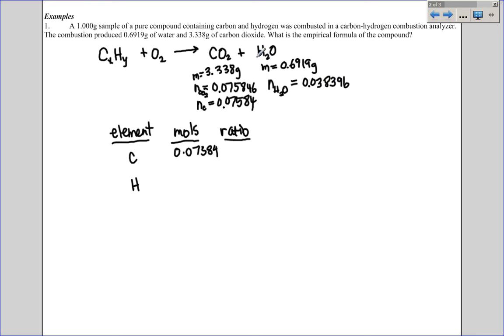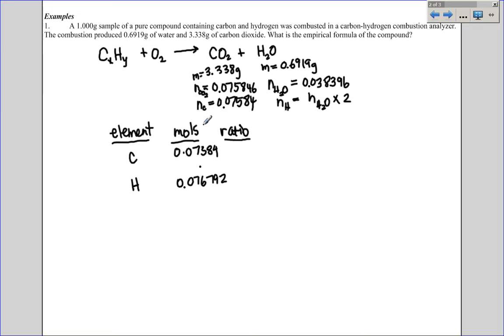For every 1 mole of water, there are actually 2 moles of hydrogen. So my number of moles of hydrogen that was in my original sample is whatever the moles of water I have times 2. Okay, so my moles of hydrogen in this sample are 0.076792.